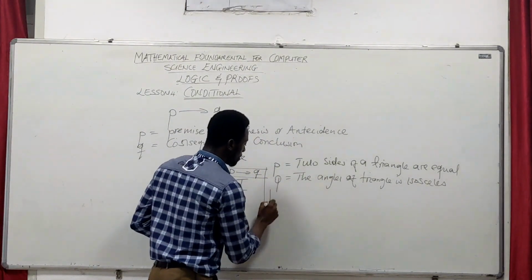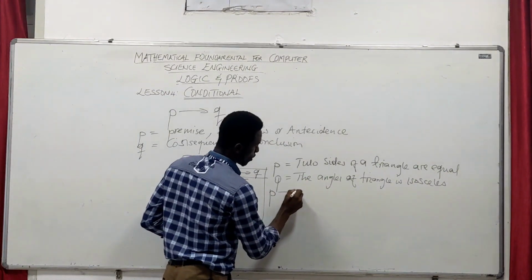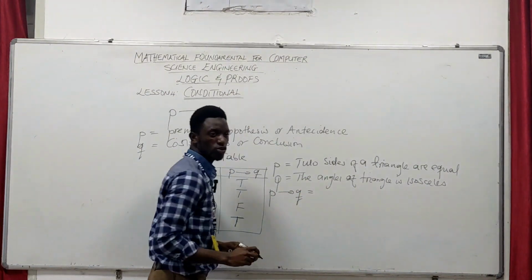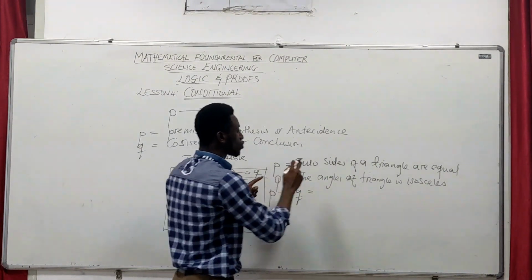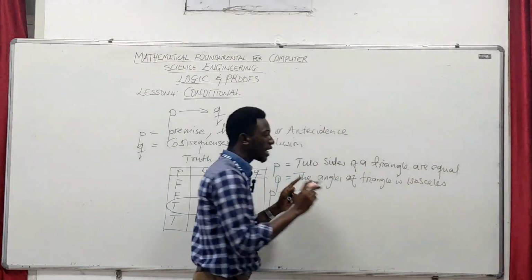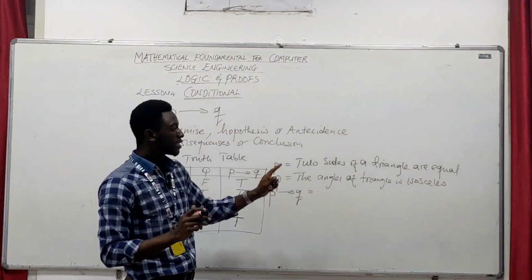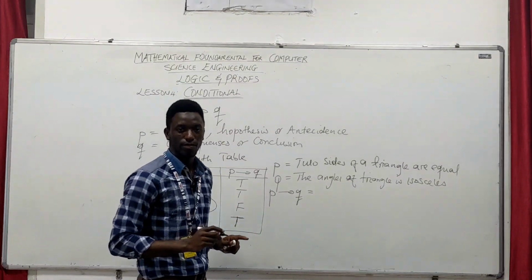So now if you say P implies Q, this one tells us that the two sides of a triangle are equal only if the triangle is isosceles.